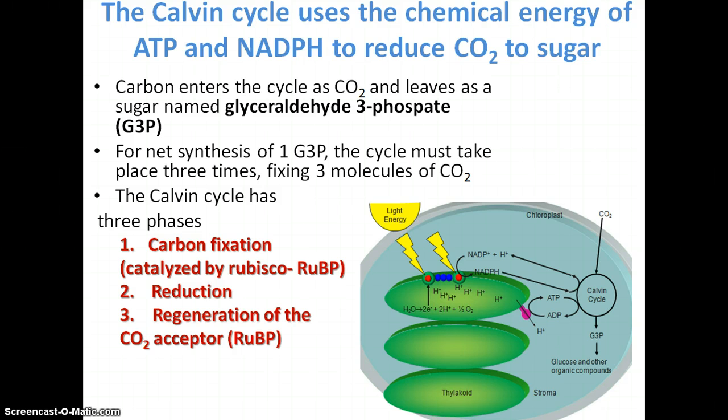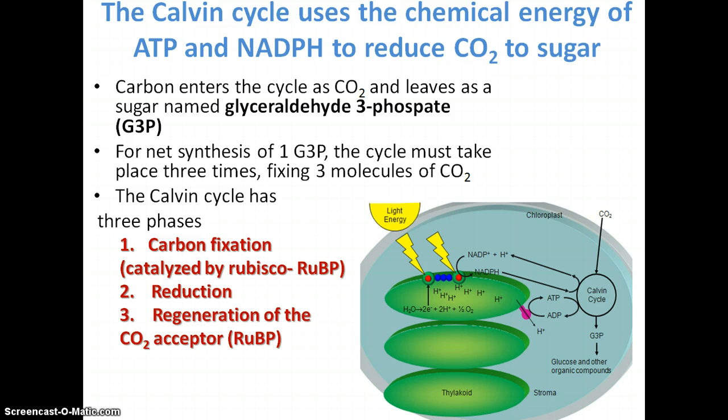So we have a circle of reactions, and that cycle, that turn, has to take place 3 times in order to make just one molecule of glyceraldehyde 3-phosphate. That means we also need 3 molecules of carbon dioxide entering the Calvin cycle in order to produce that one G3P.